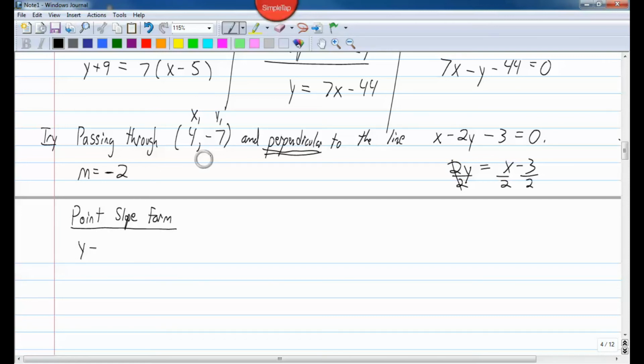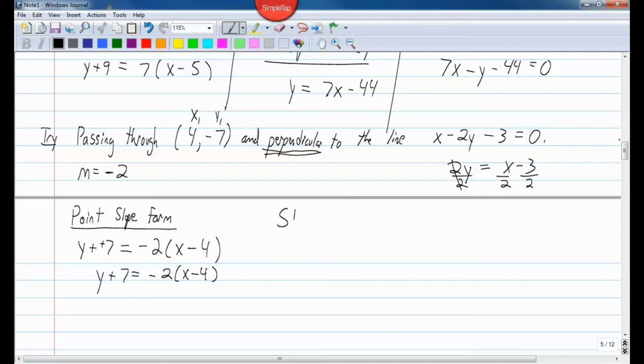So y minus y sub 1 equals m times x minus x sub 1. Now, anywhere you have a minus or negative, you put plus. So y plus 7 equals -2 times x minus 4. This is the equation of the line in point slope form.